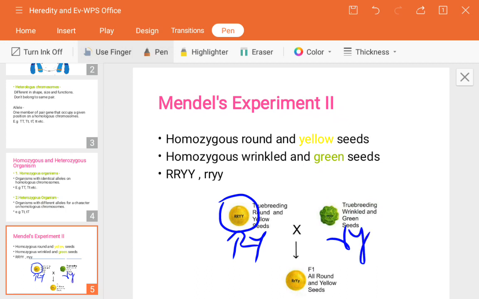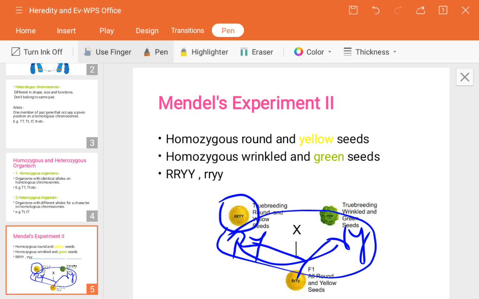When he crossed them, the result there was capital R, small r, capital Y, small y. So what will be the result? You can see here.